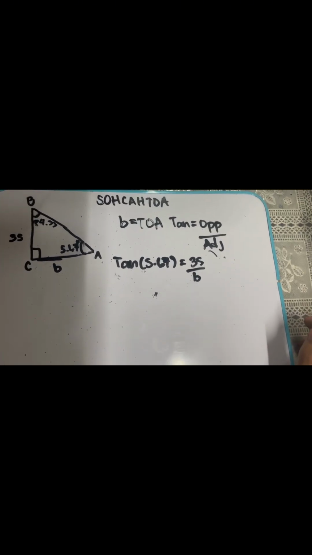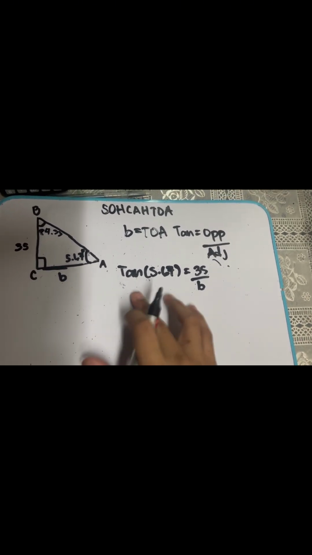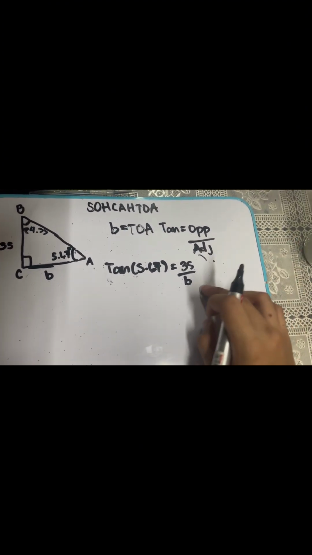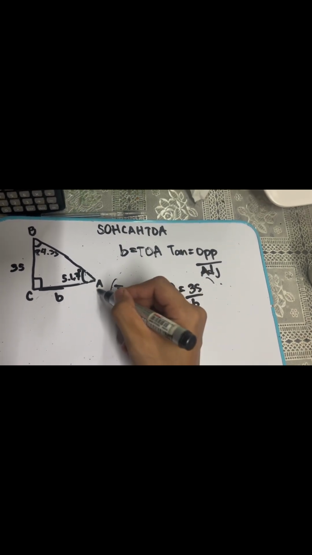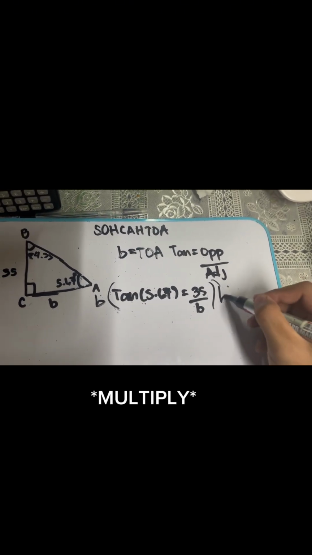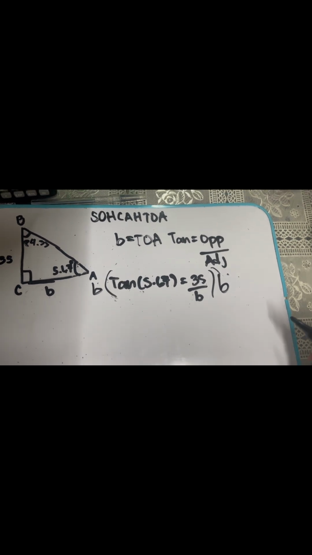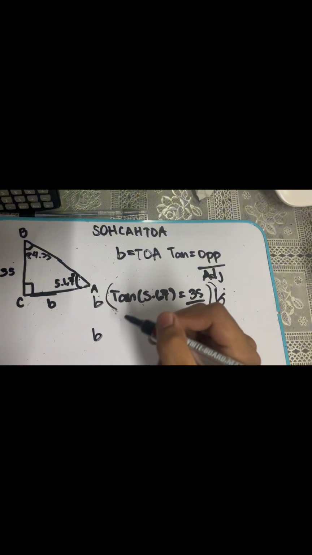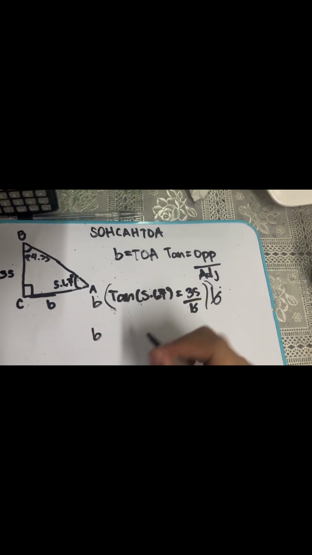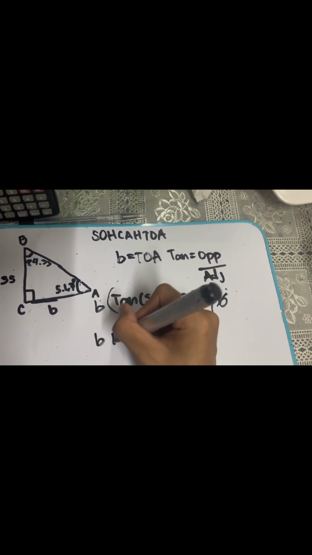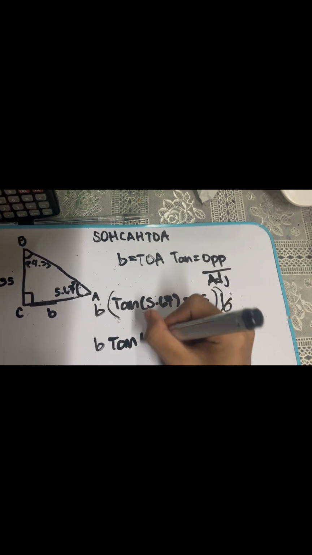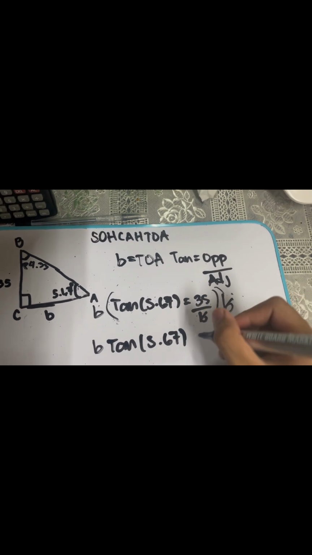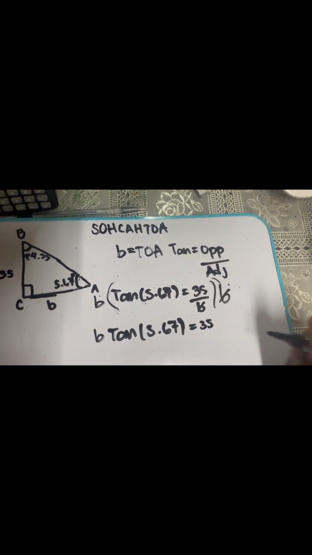Okay, so now we've written it down from this to this. Now we're gonna be dividing both sides by B. This cancels the denominator. And tangent 5.67 becomes B tangent 5.67 equals 35.